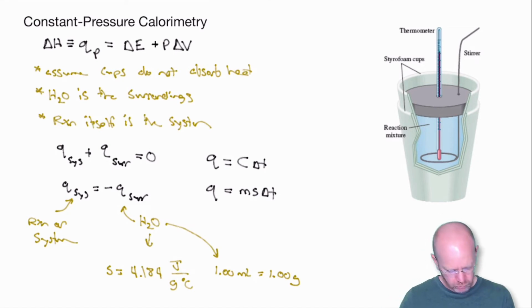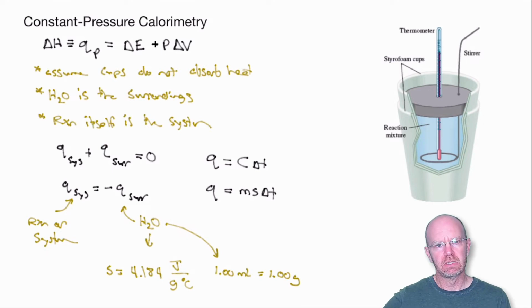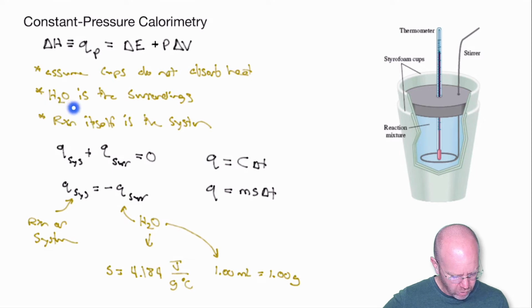And really importantly, there are a few assumptions that we make when we do constant pressure calorimetry. One is that we assume that the cups don't absorb heat and that they're perfectly insulating. That's an assumption, but it works pretty well. Cups are pretty good at insulating. So if the cups are perfectly insulating, what that means is the water itself in the cup is the surroundings.